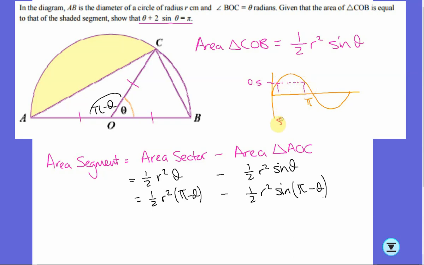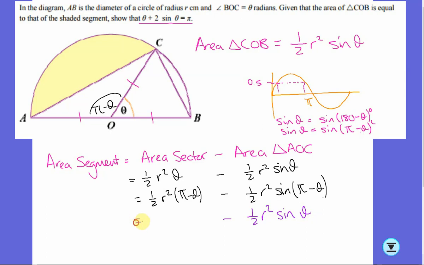And you're used to writing in degrees, sine theta is sine 180 minus theta. So sine theta is also equal to sine pi minus theta, that's in radians. So instead of writing this last bit here, we could just write half r squared sine theta, because it's exactly the same.